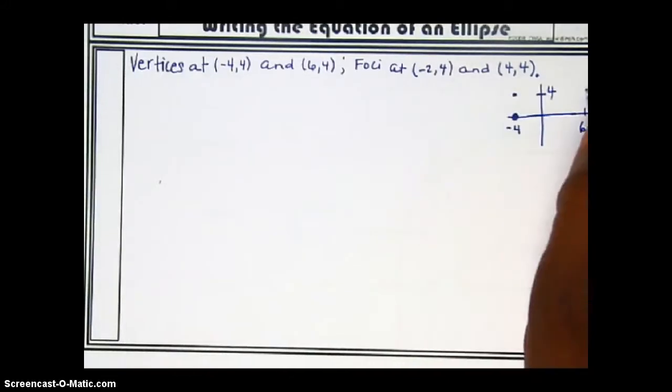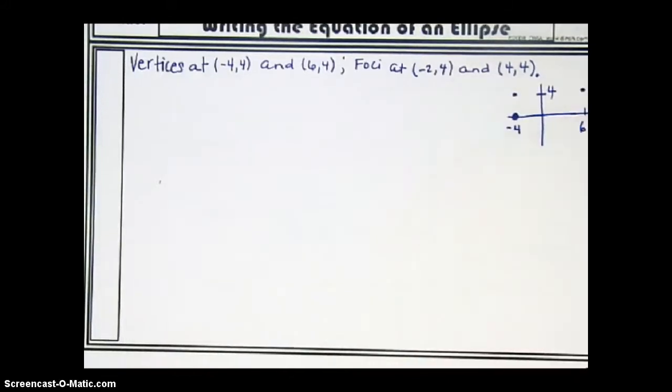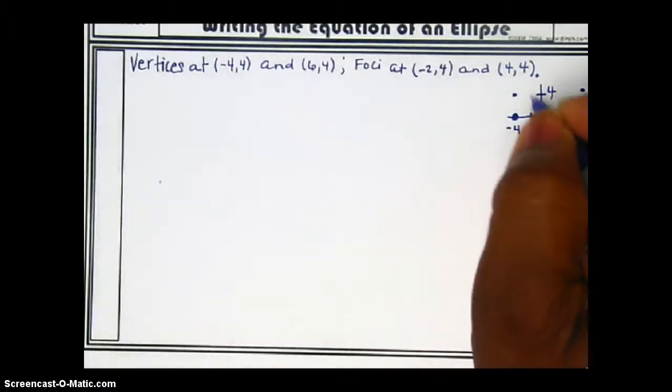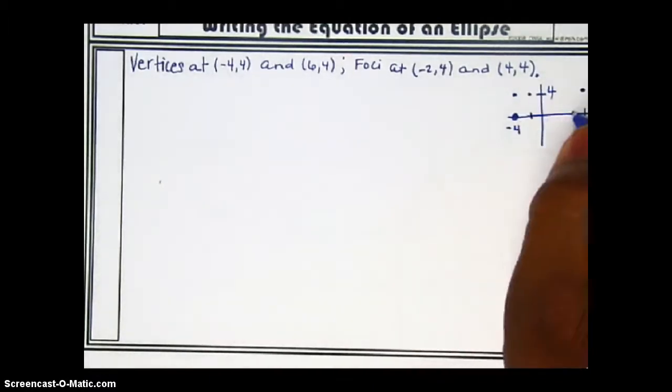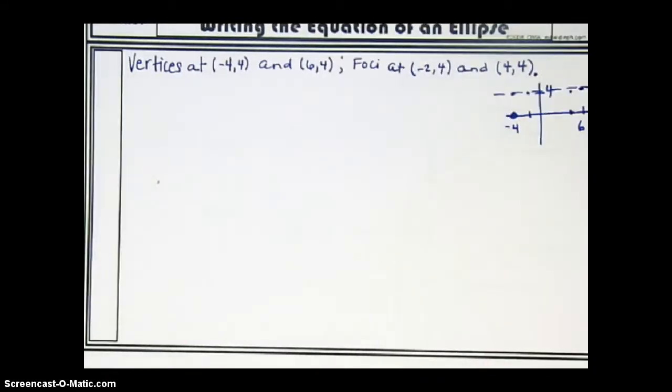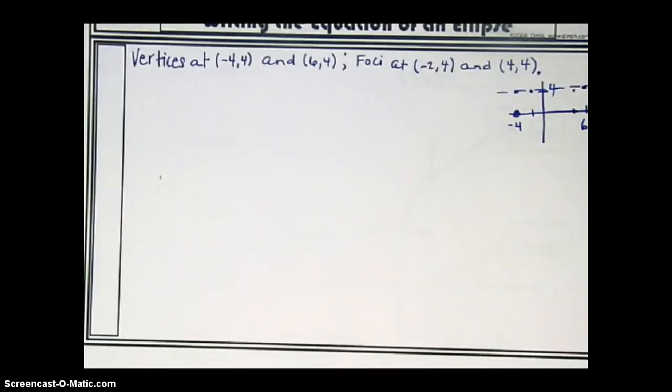I have a vertex here and here, -4, 4, and positive 6, 4. And then I have foci at -2, 4, and positive 4, 4. So that tells me that my major axis is a horizontal major axis. So that gives me an indication of which equation I should be working with.